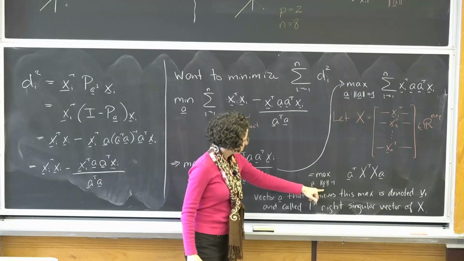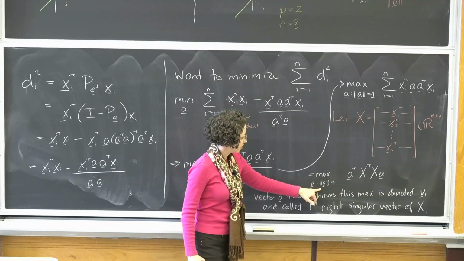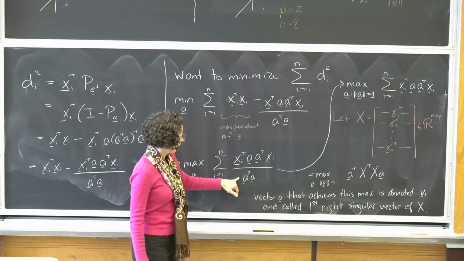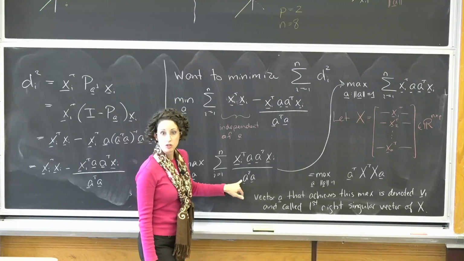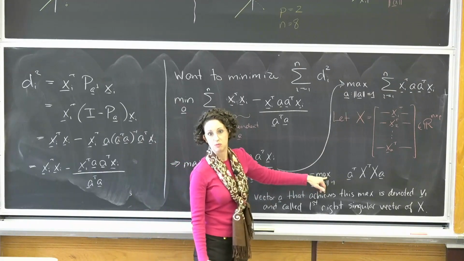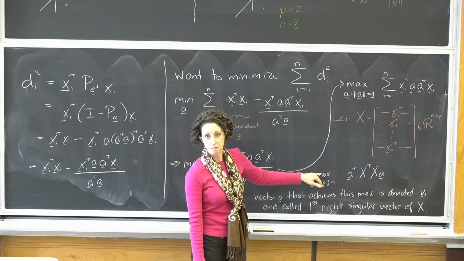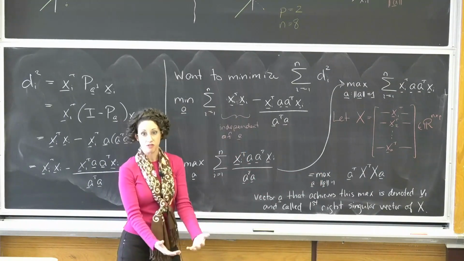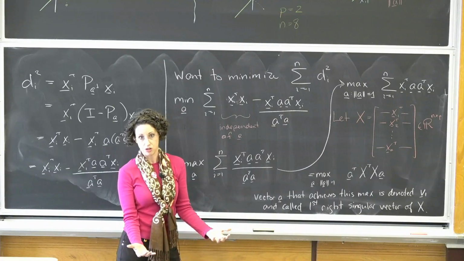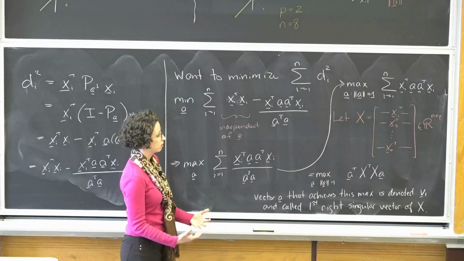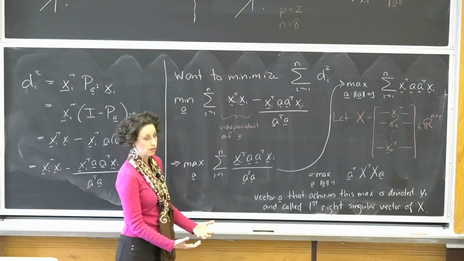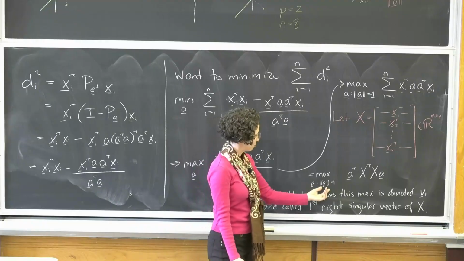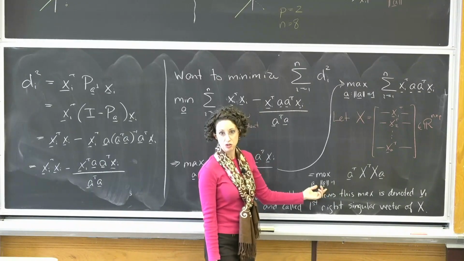Secondly, imposing this constraint that the norm is equal to 1 allows us to avoid having this denominator. So it makes this maximization problem not have anything in the denominator. It is a choice. This is how we choose to define the singular value decomposition. We choose to define it in terms of bases that are orthonormal. So you could imagine somebody making a different choice where they don't make this constraint.